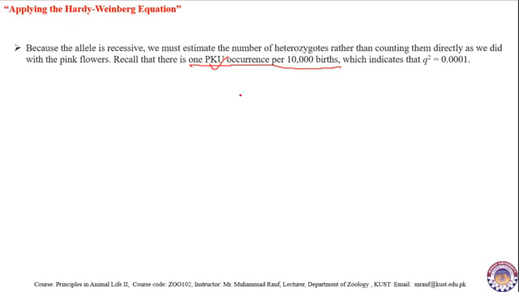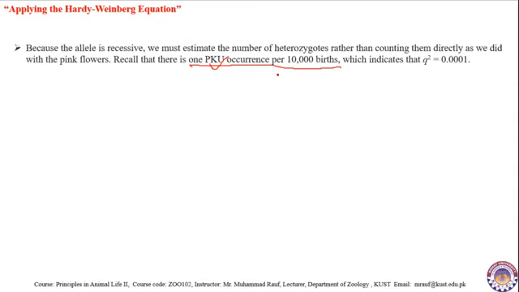So what was the formula for this particular estimation of that frequency? The formula was number of individuals with a particular genotype divided by number of all the individuals in a population.